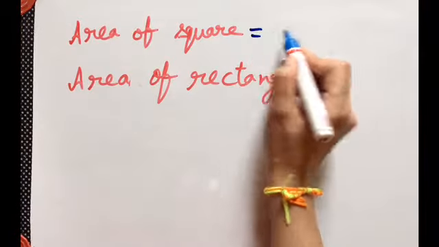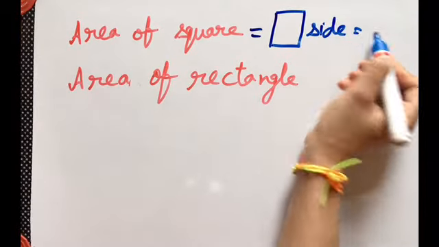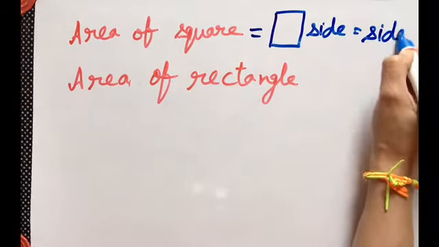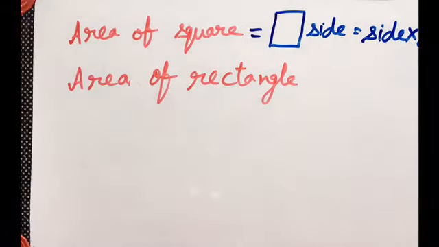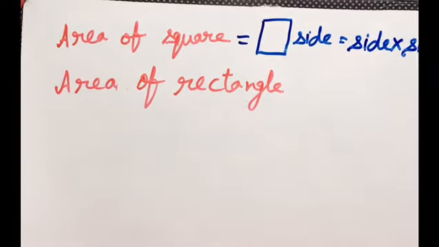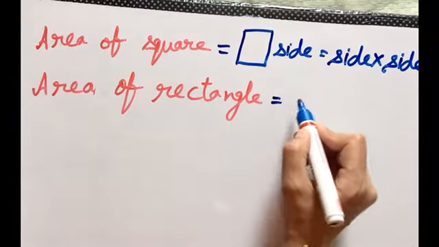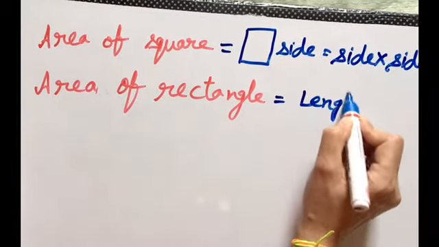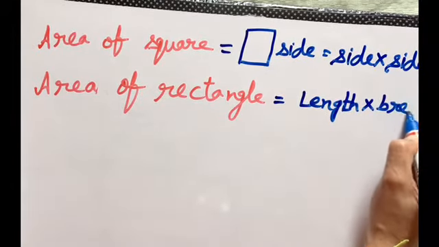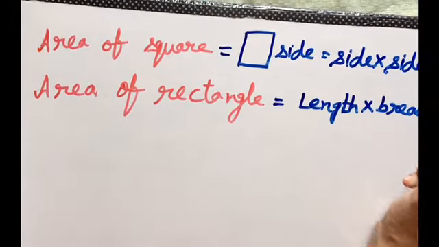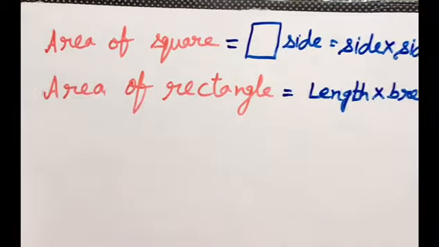Area of a square: you know that this is your square with side, so it is side multiplied by side. Side multiplied by side is the area of the square. Fine. Area of a rectangle is length multiplied by breadth. Length multiplied by breadth is the area of the rectangle. Fine.